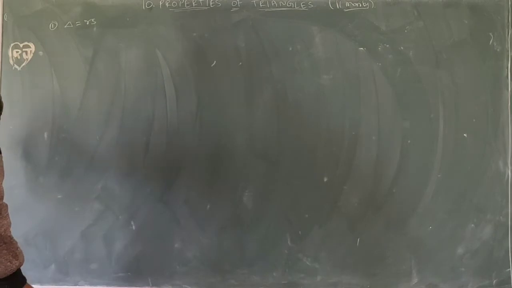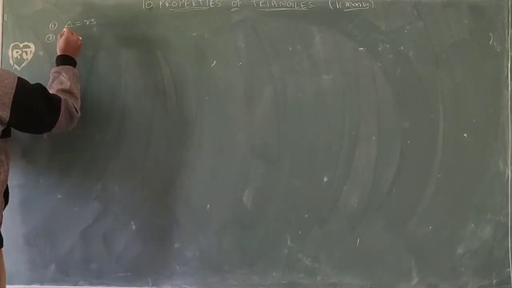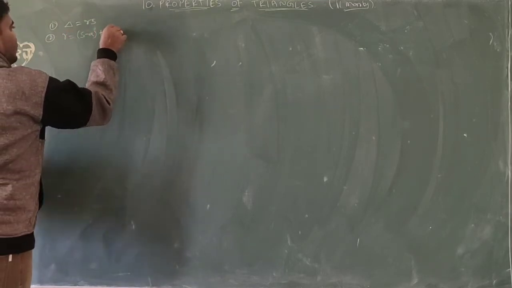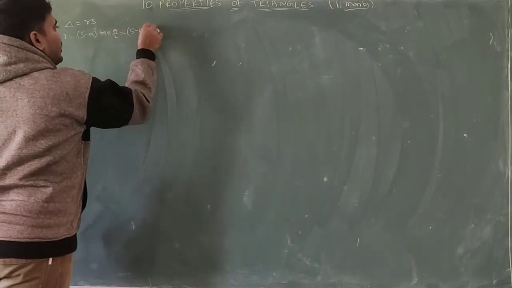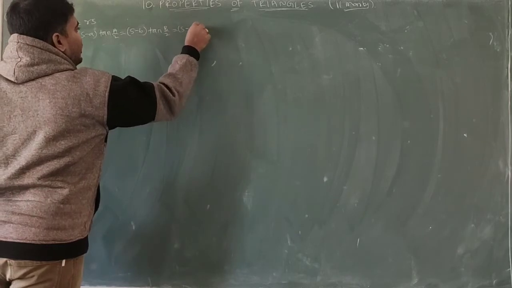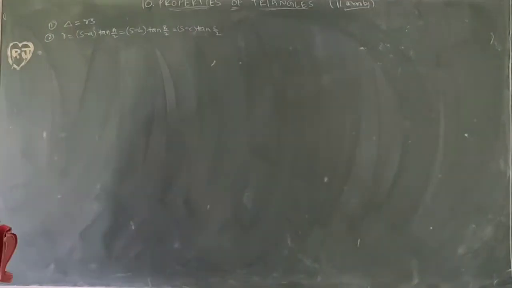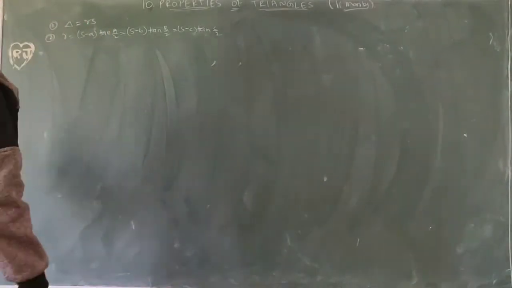Second: r equals (s minus a) tan A by 2, which equals (s minus b) tan B by 2, which equals (s minus c) tan C by 2.